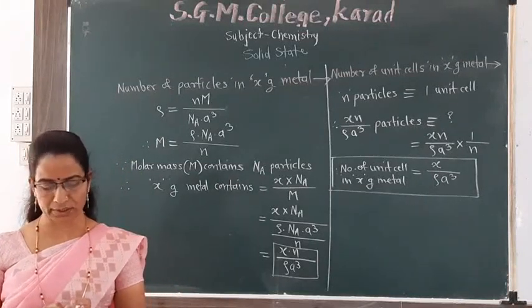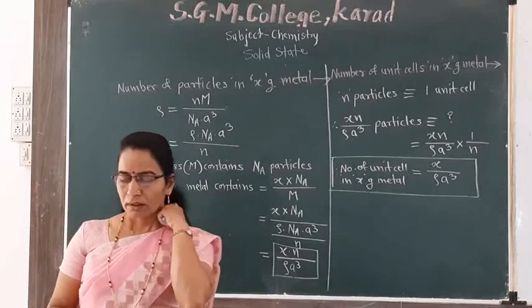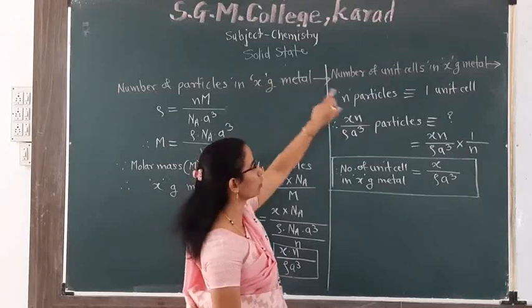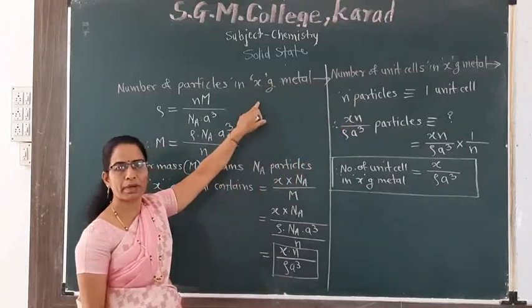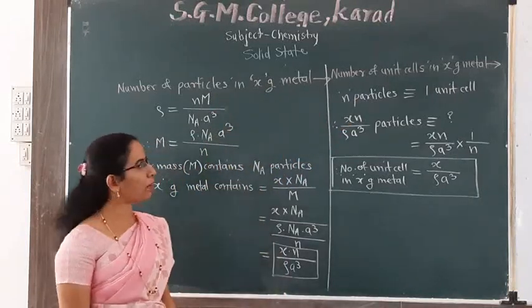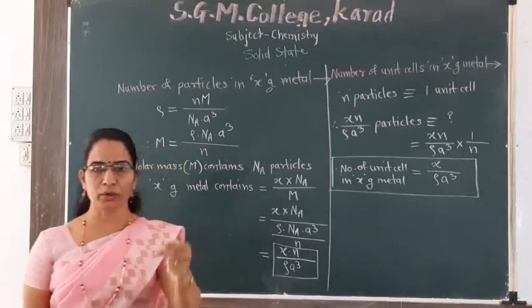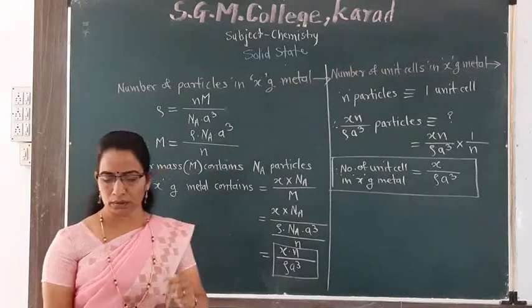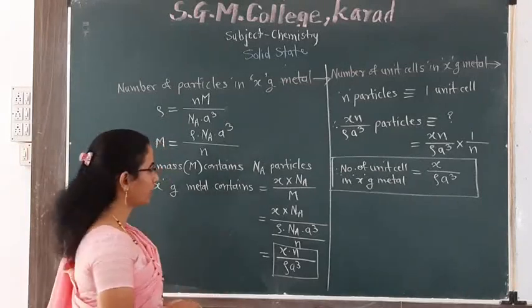One more relation is there. In these two relations we supplied the mass of the metal, but if they give the volume of the metal, how are the number of unit cells determined?